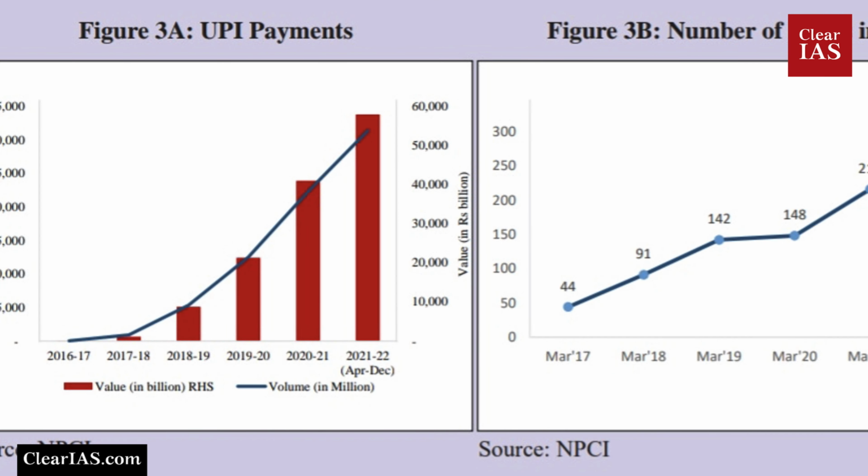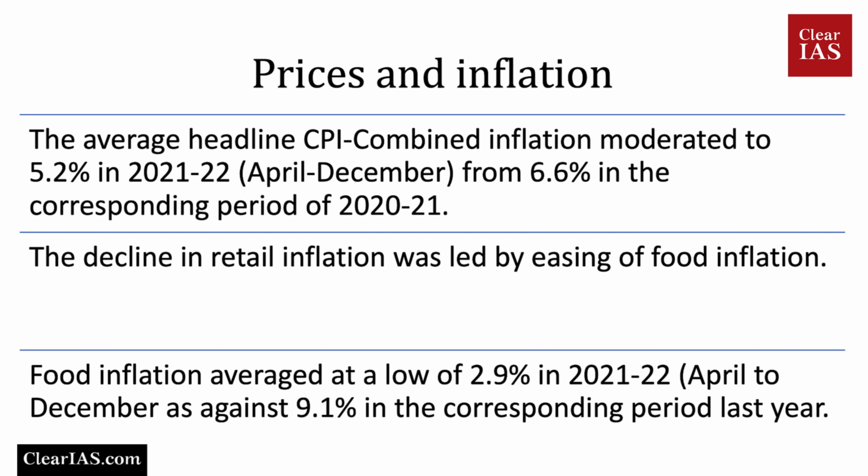The average headline CPI combined inflation moderated to 5.2% in 2021-22 April to December from 6.6% in the corresponding period of 2020-21. The decline in retail inflation was led by the easing of food inflation. Food inflation averaged at a low of 2.9% in April to December 2021-22 as against 9.1% in the corresponding period last year.